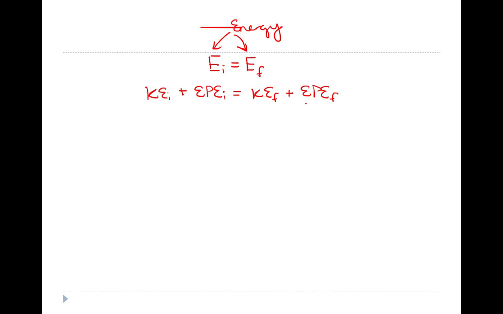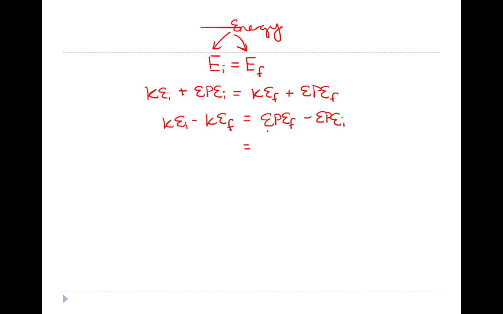Okay, now I'm going to rearrange this a little bit. And what I want to do is move this EPE to that side and this KE to this side. So KE initial minus KE final equals EPE final minus EPE initial. Okay.